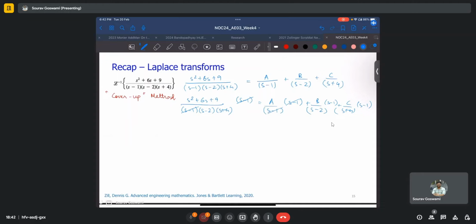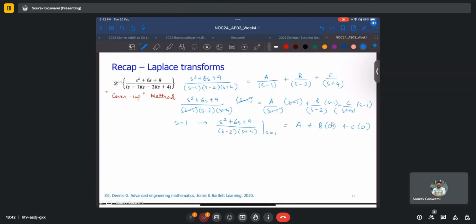Now, if I were to very cleverly put s equals 1, I notice that this term will go to 0 and so will the other one. And so I have directly calculated one of the coefficients. This can be generalized for the other coefficients as well.